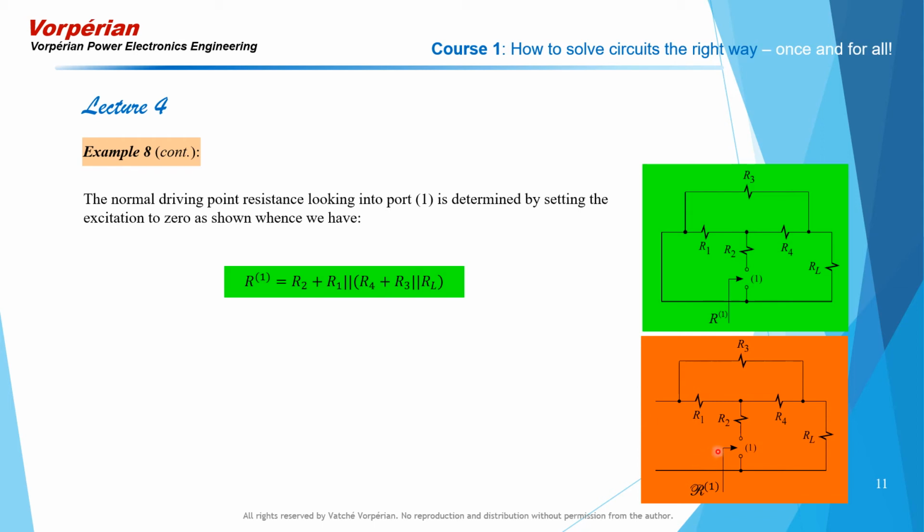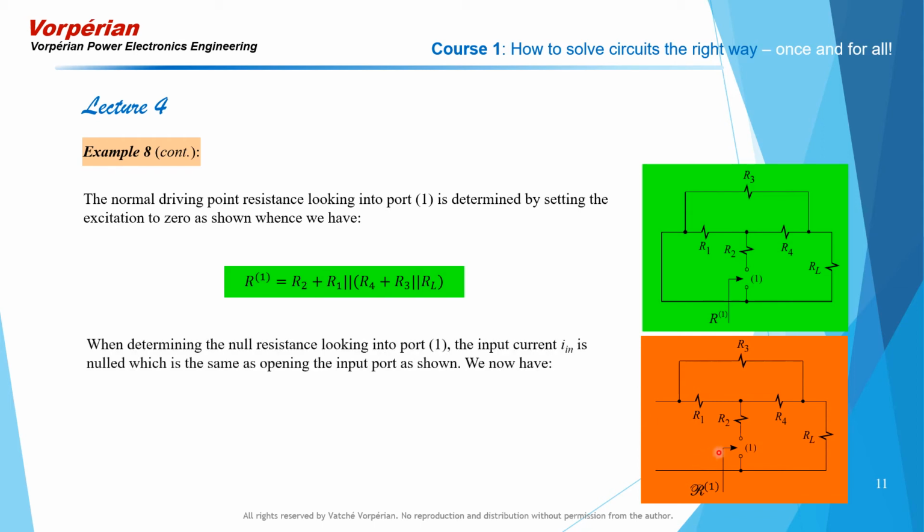And this is a simple calculation, just like the first one, except that this one is going to be R2 in series with R4 in parallel with R3 plus R1 and in series with RL. And that's our script R1 looking back into port 1 with our response nulled.